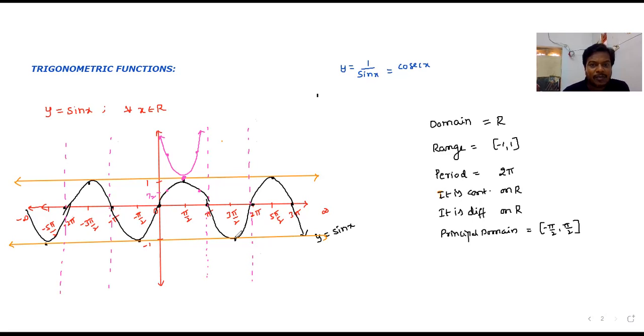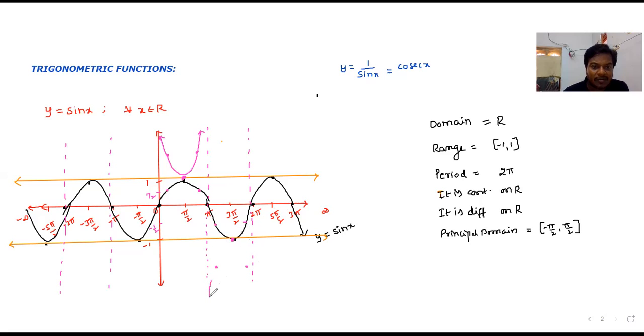Next, observe here. Here sin x value is minus 1, its reciprocal 1 by minus 1 becomes minus 1. Suppose here the y value is minus 1 by 2. Its reciprocal becomes minus 2. Next, minus 1 by 2 here is the value of sin x. Its reciprocal 1 by sin x, what do we get? Minus 2. Therefore, approaching pi, it is not defined. 1 by sin pi, 1 by 0, not defined.